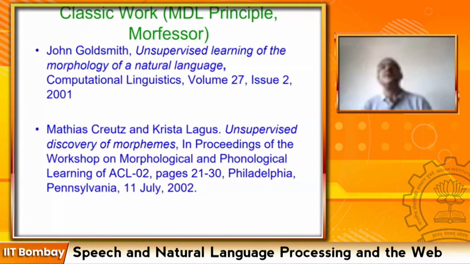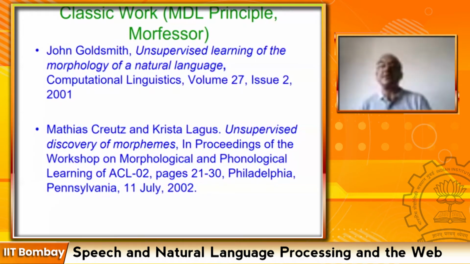So what is given to you is a list of word forms, and you are asked to create a morphology analyzer in an unsupervised manner. So you keep on breaking the words into their parts. The objective function which is maximized, or the loss function which is minimized, is such that the dictionary size is of minimum length.